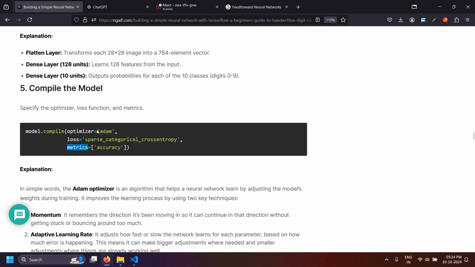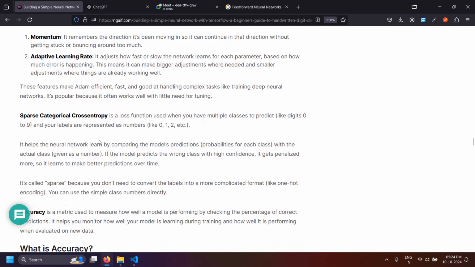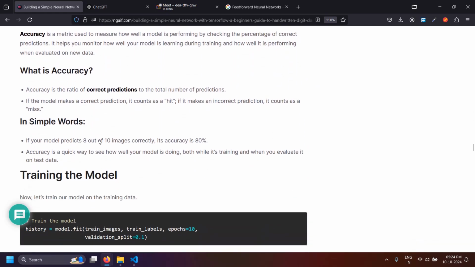So what we are going for while compiling the model is accuracy. We want our model to be accurate. So using this optimizer, loss function and metric, when you pass these arguments to model.compile, it will start compiling the model.